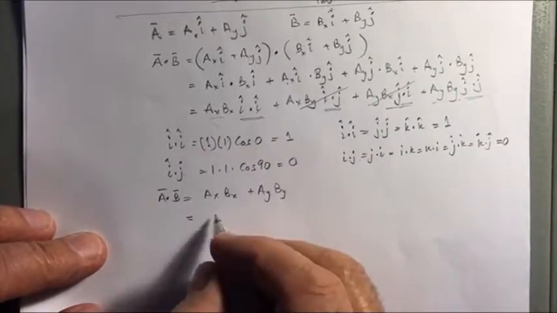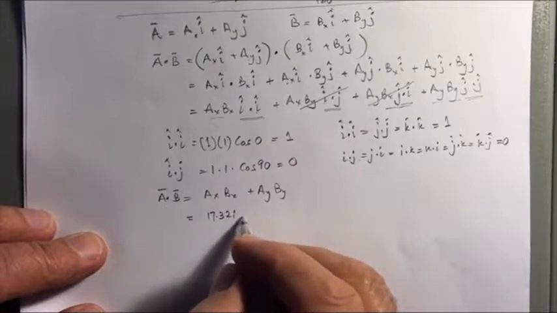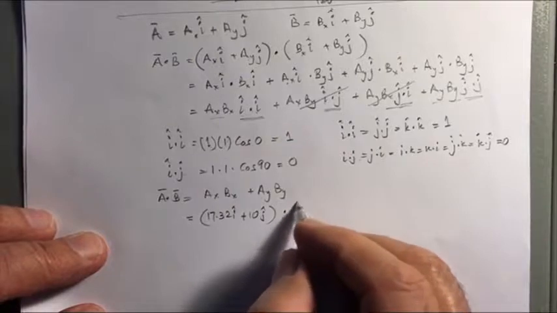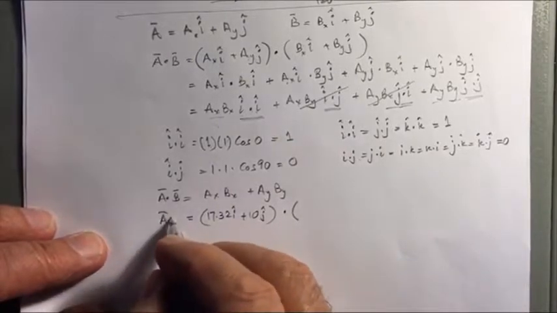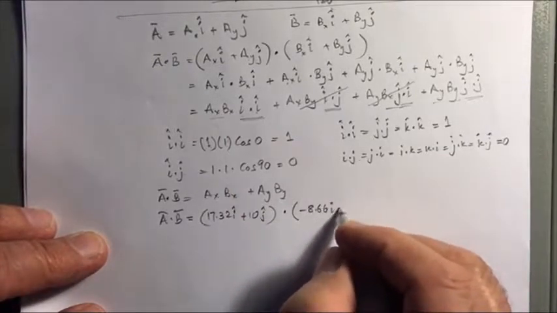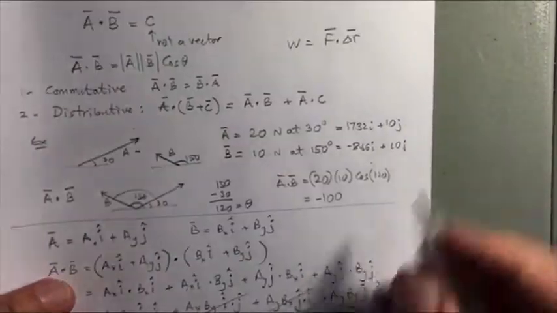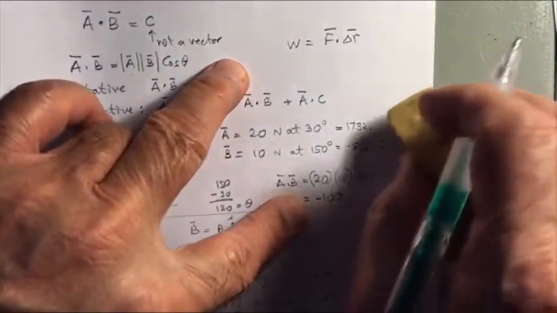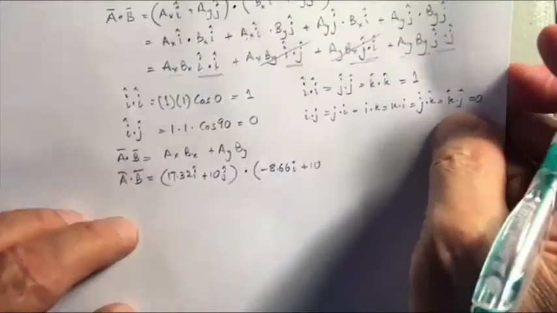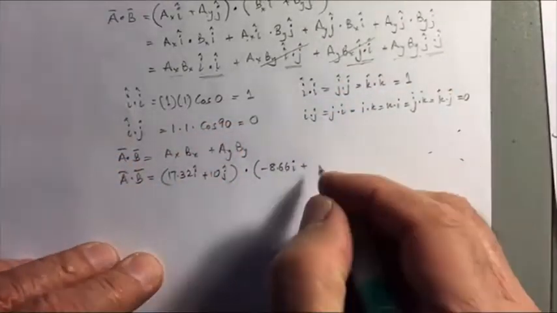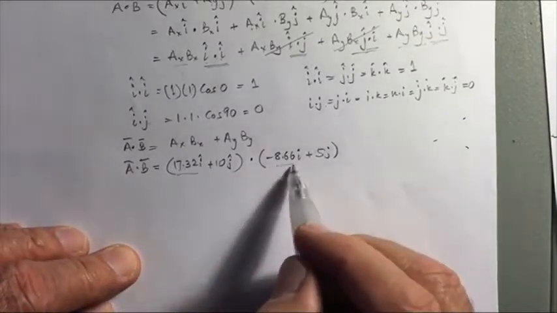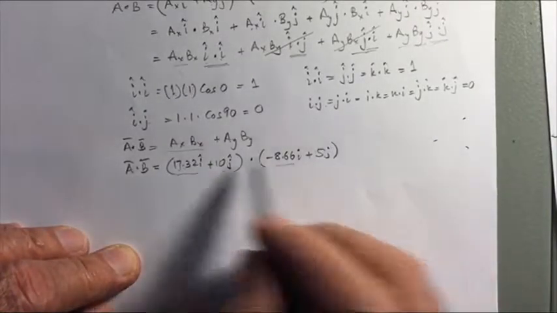So now let's do the a dot b using this method, and we can write a dot b as 17.32 i plus 10 j dot, I'm writing a dot b, and the b vector was minus 8.66 i plus, sorry, that's not a 10 j, that's a 5 j. Okay, so minus 8.66 i plus 5 j, and we would multiply the first with the first, which would be this term, and the second with the second, which would be this term.